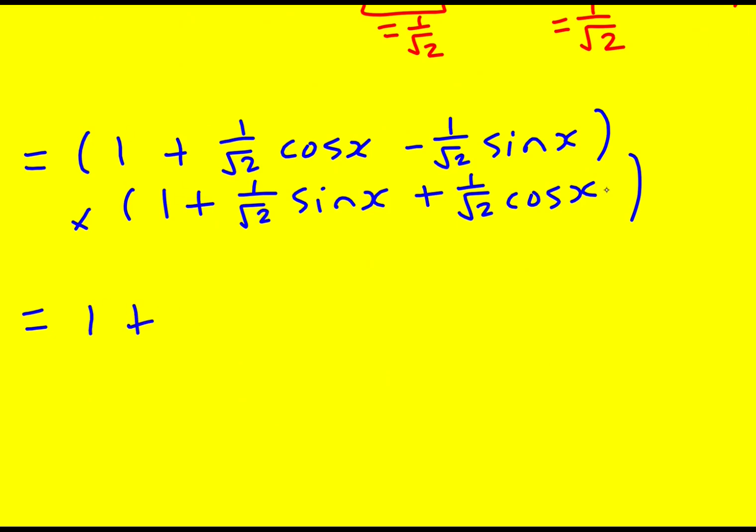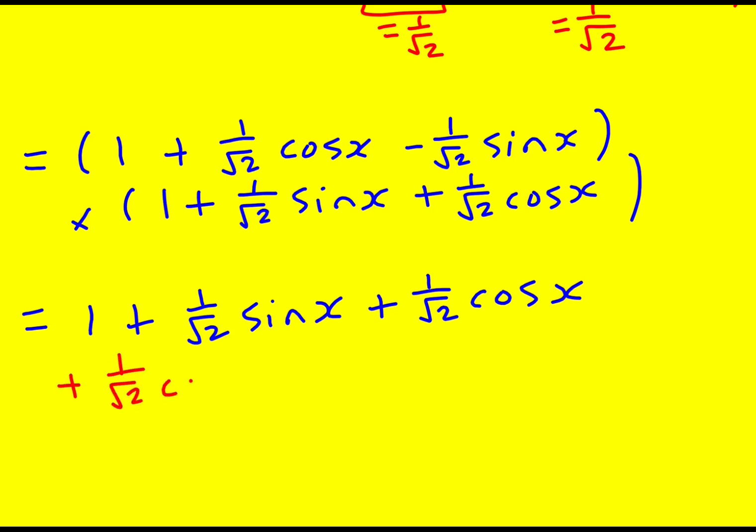So I'll multiply each of the terms here by 1 first of all. And then I'll multiply each of the terms in the second bracket by 1 over root 2 cos x. And this will become a half sine x cos x plus a half cos squared x.